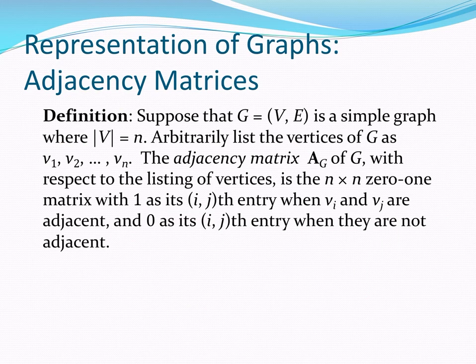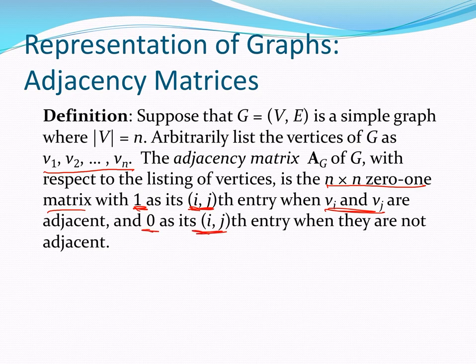Another way to represent graphs is with an adjacency matrix. If you have n vertices, then you'll have an n by n 0, 1 matrix. And a 1 will be in the ij position when vi and vj are adjacent, that is, there's an edge between them.